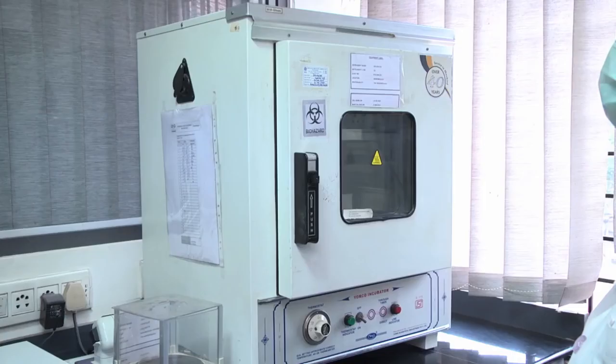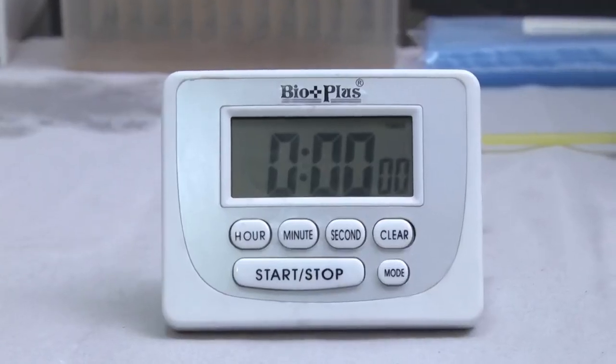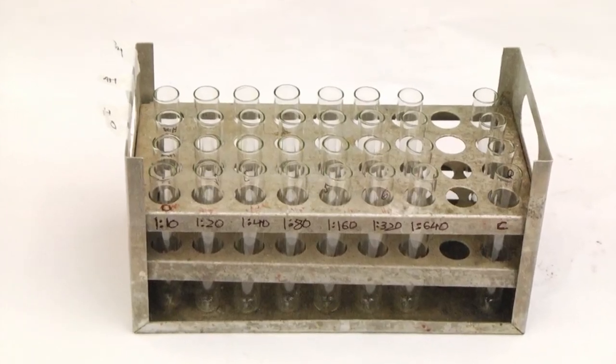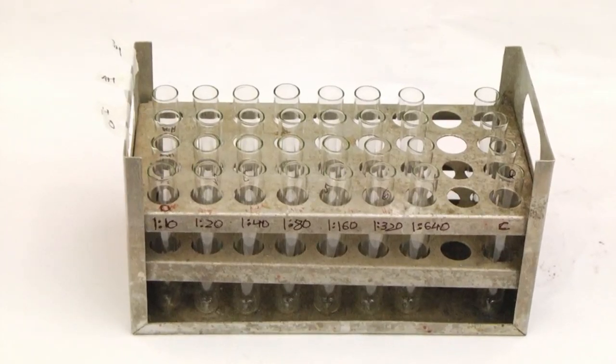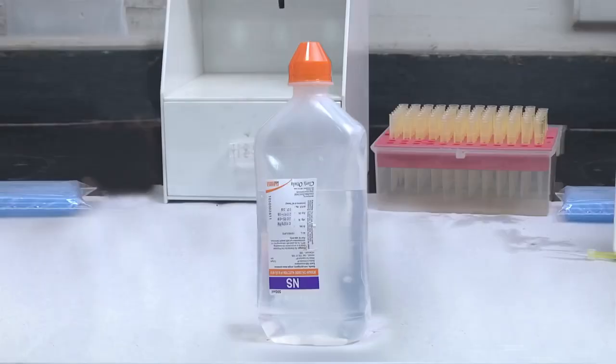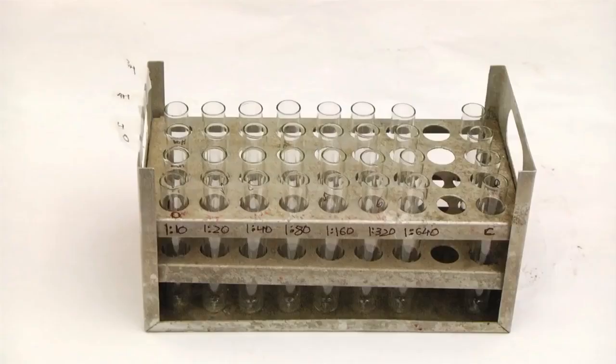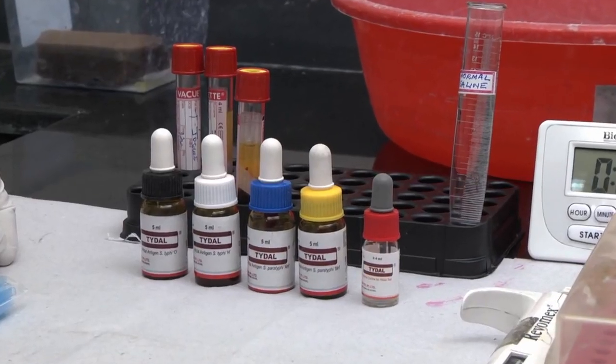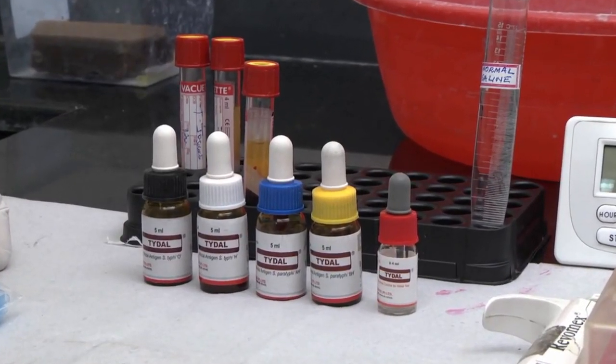Equipment: incubator, timer, 0.1 milliliters and 1 milliliter serological pipettes and droppers, 36 Widal tubes or count tubes for each sample. Physiological saline. Test tube rack.